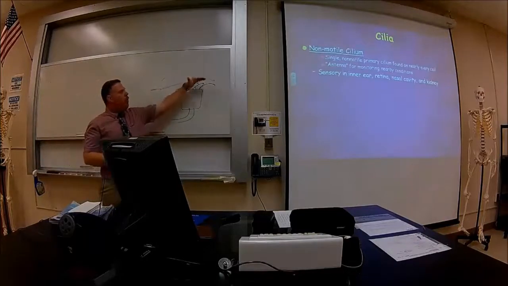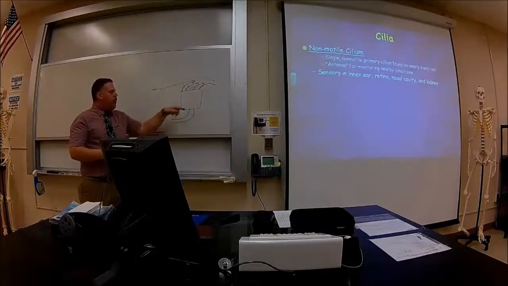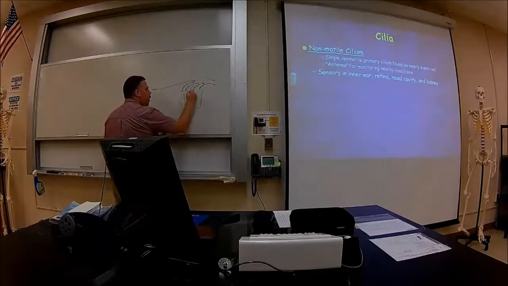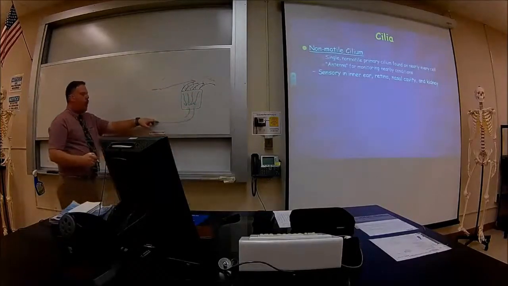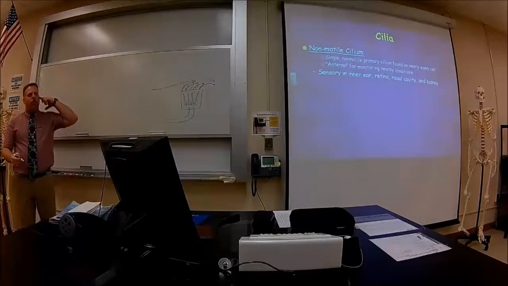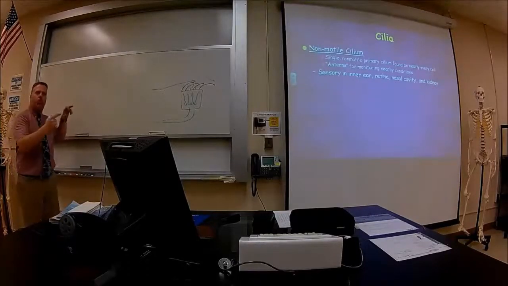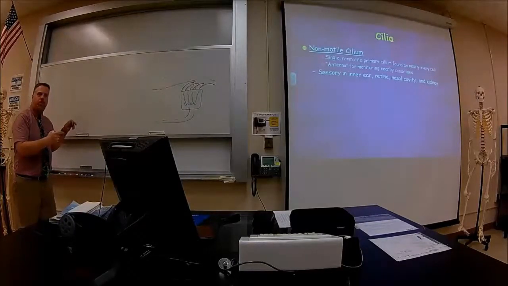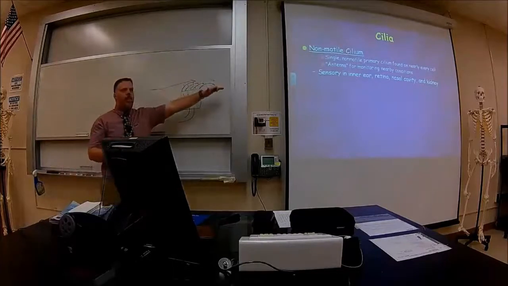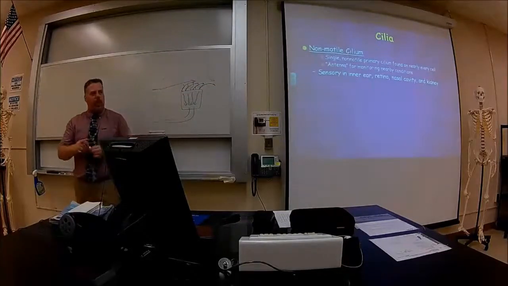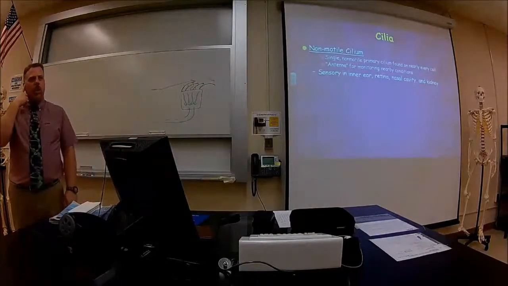If the cilia move in that direction, it's going to send electrical impulses to the nerve, and that goes to a part of your brain that says, oh, you're moving in a certain direction because the cilia moved in that direction. This is where we'll see it in the ear, where it deals with balance.